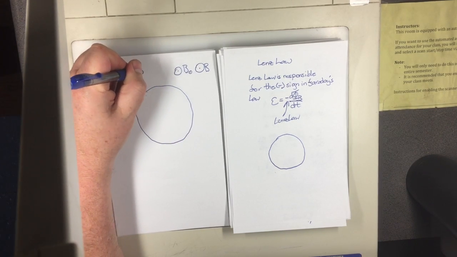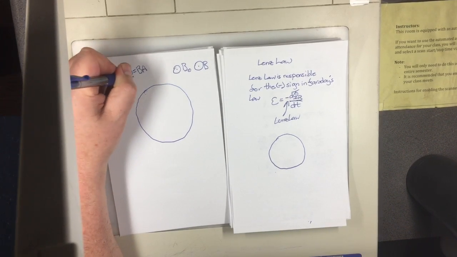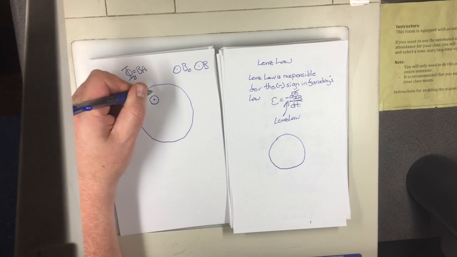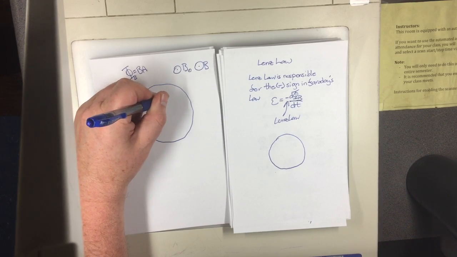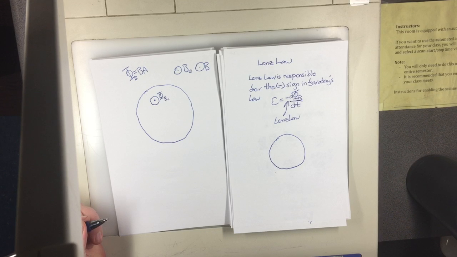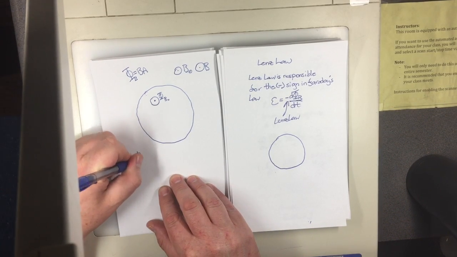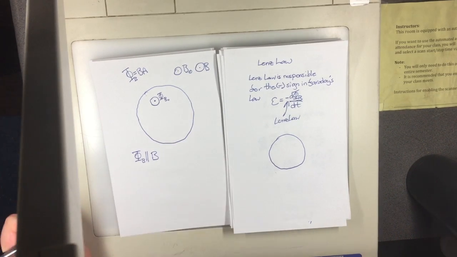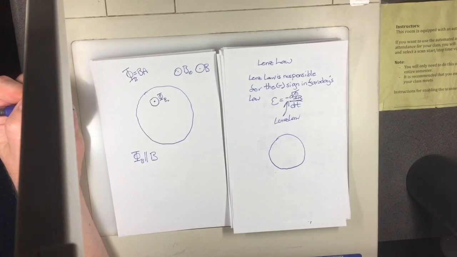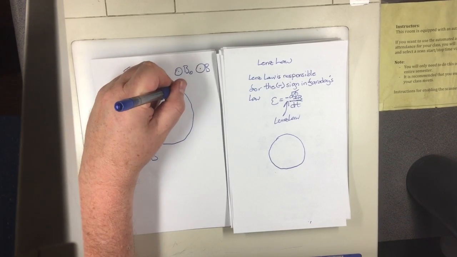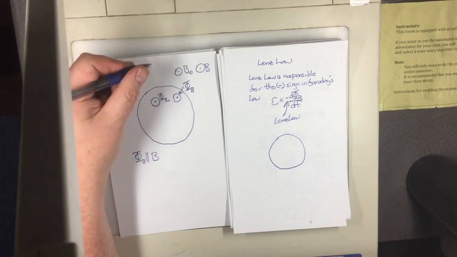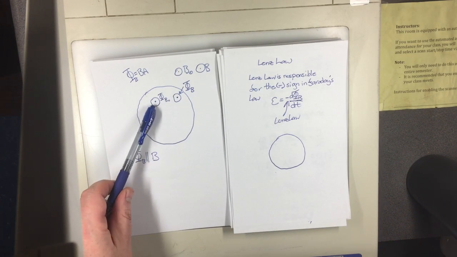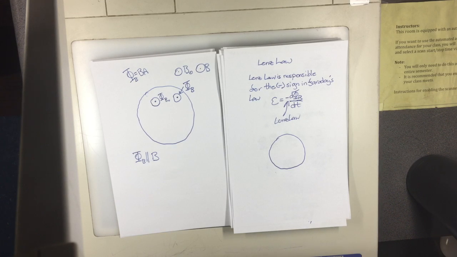Magnetic flux is B times A. So the initial magnetic flux is out of the page. Magnetic flux is parallel to the B field. So the initial magnetic flux is out of the page. The final magnetic flux is out of the page as well. Because the initial B field is out, therefore the initial magnetic flux is out, and the final magnetic flux is out.